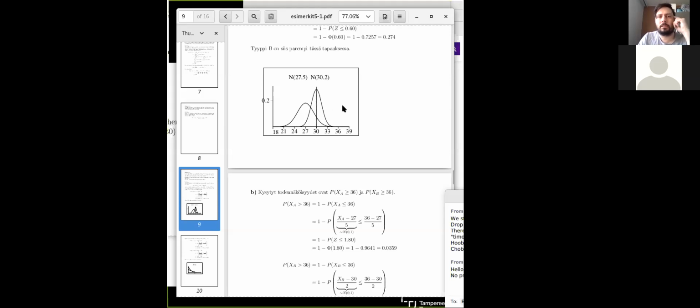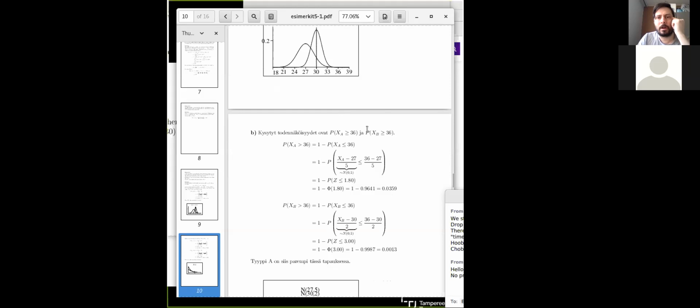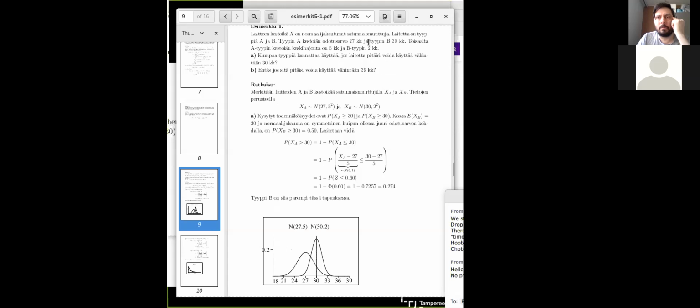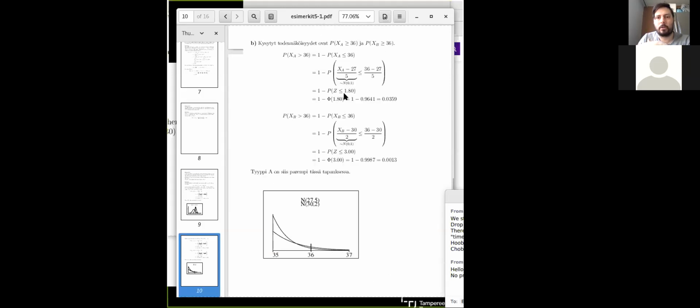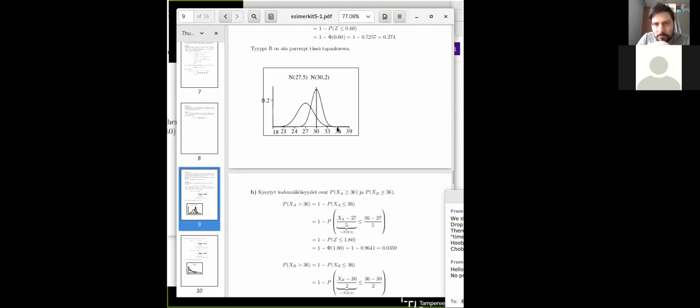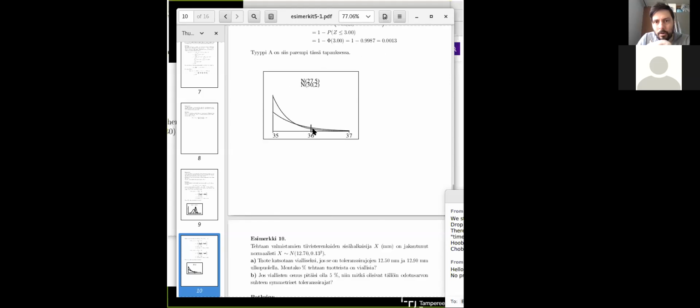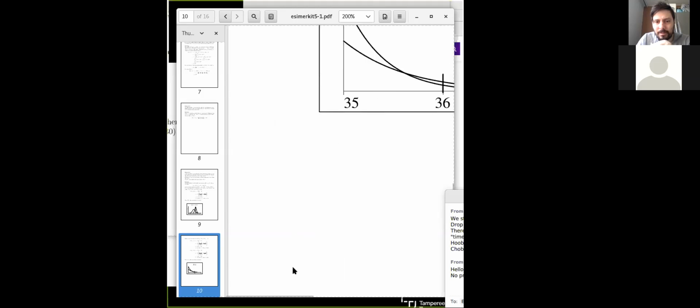But when you look at the top researchers, you're not talking about those in the mid region. You're talking about those people at the further regions of those distributions. So you're looking at this part here where the curves are almost flat. If you zoom in here, let's zoom in even more, sorry.